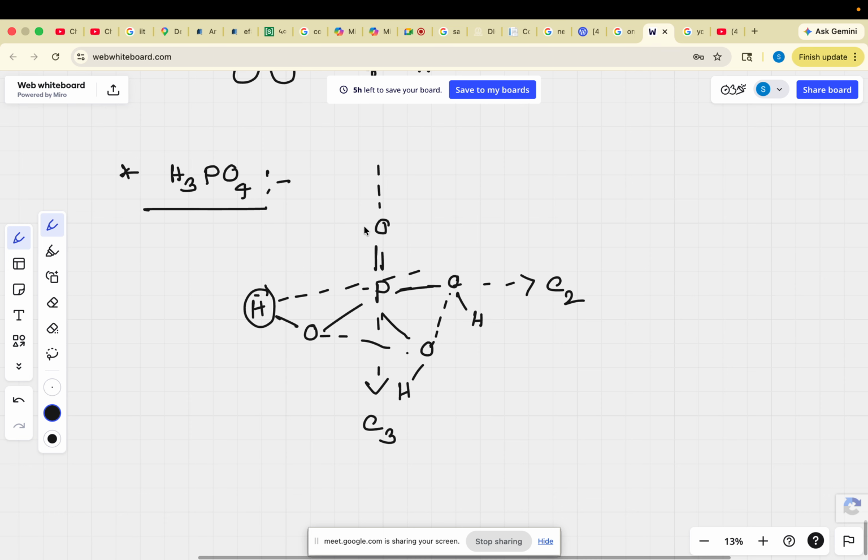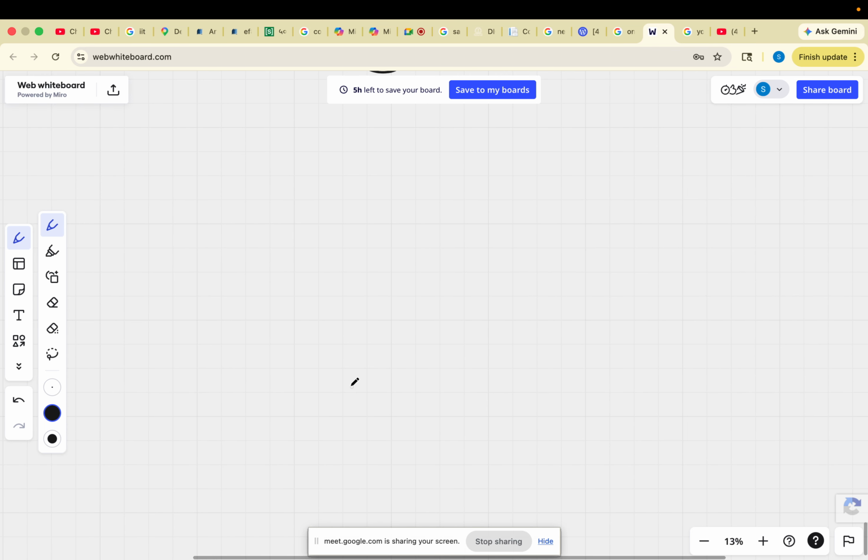So that means sigma h is also not present here. So only you have the C3 axis, and that is why the point group of this molecule will be C3. Clear? If you have any doubt, then tell me in the next class. But I hope it is clear.